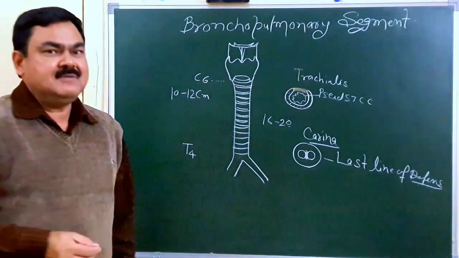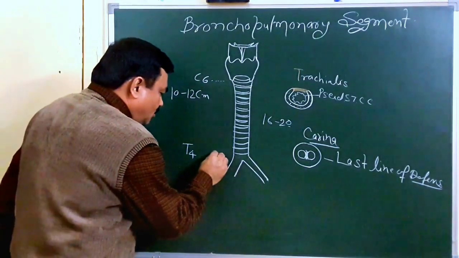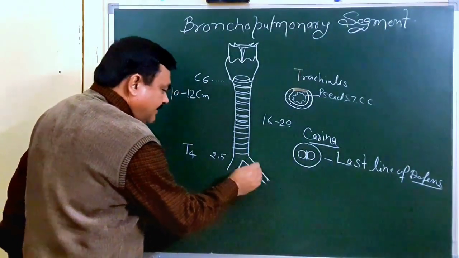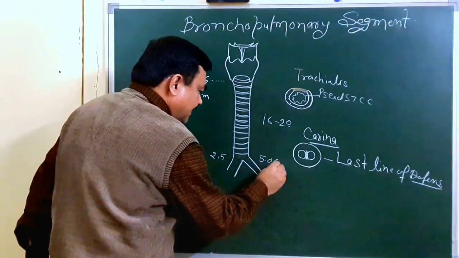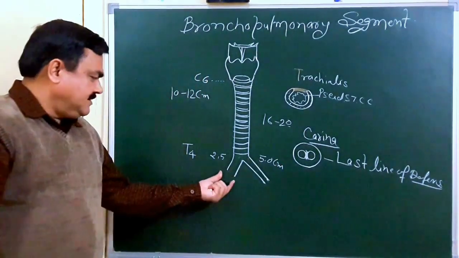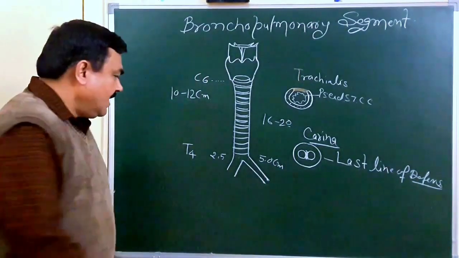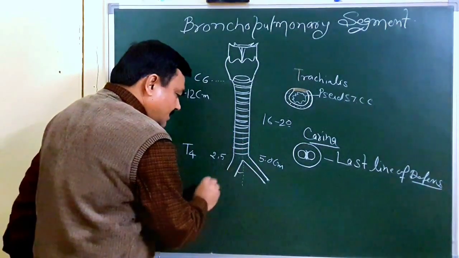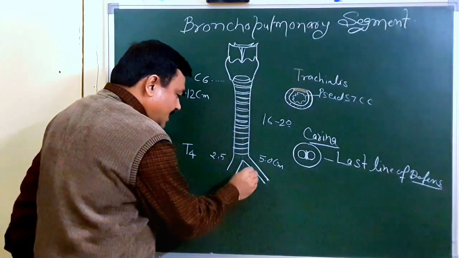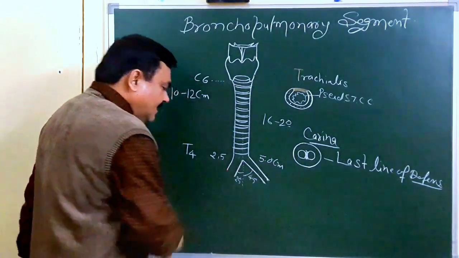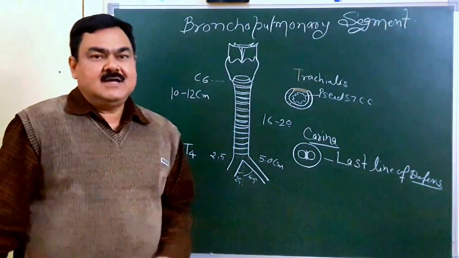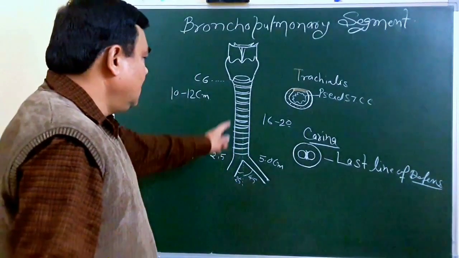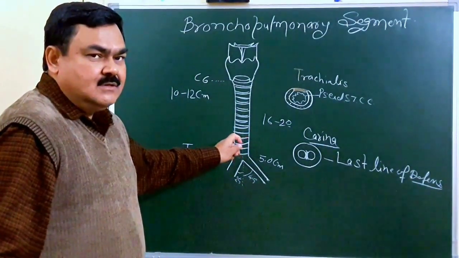The length of the right principal bronchus is about 2.5 centimeters, and the length of the left principal bronchus is about 5 centimeters. Here the diameter is larger than this, and if you draw a line here, this is about 25 degrees and here is about 45 degrees. So the right principal bronchus is shorter, wider and more in line with the trachea.